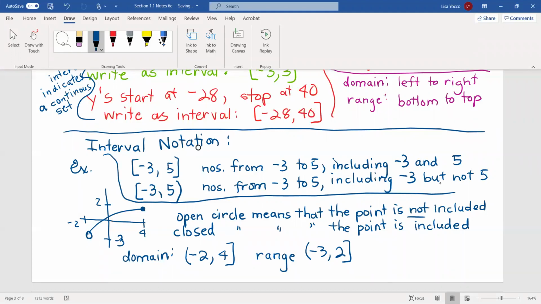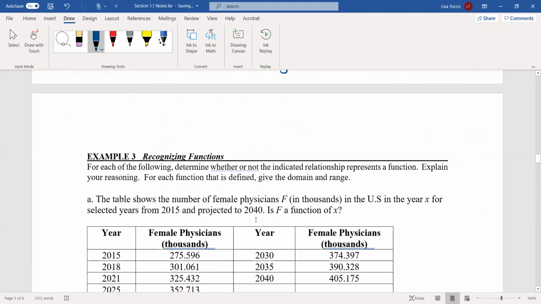So the y's go from -3 to 2, -3 not included, 2 is included. Okay, does that help? Yes, ma'am. Okay, good deal. Like I said, it's kind of overkill, but that's all right.